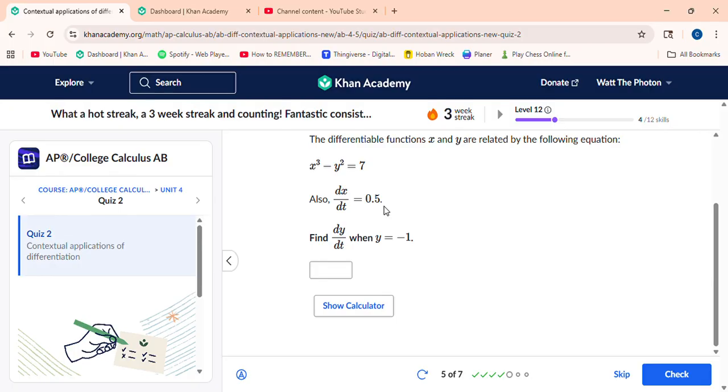X equals negative 3. Sound right? Negative 3 times negative 2 is equal to positive 6. That sounds about right.